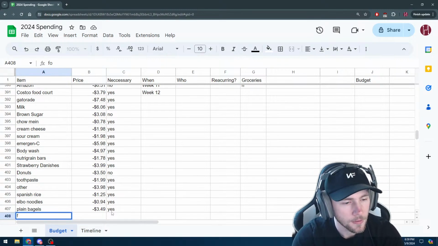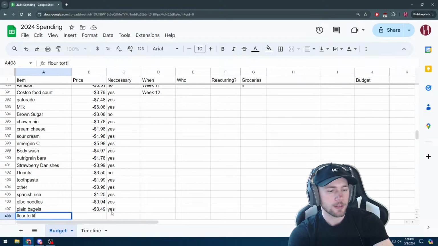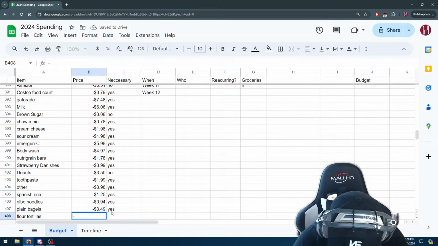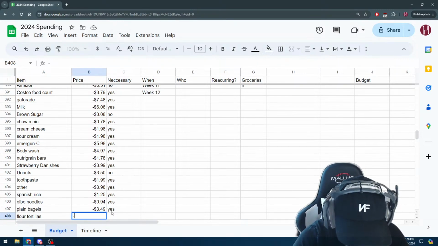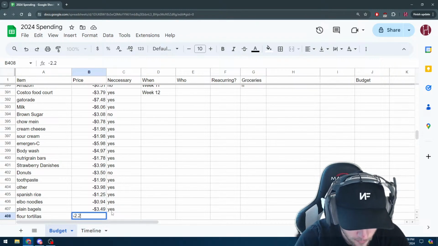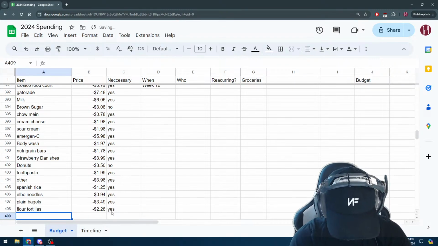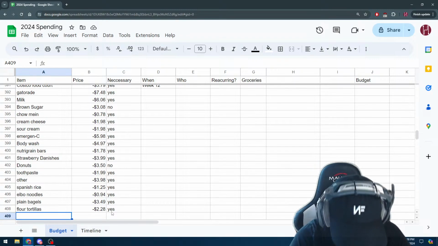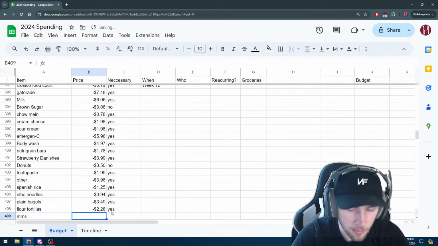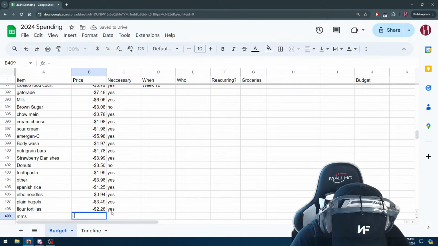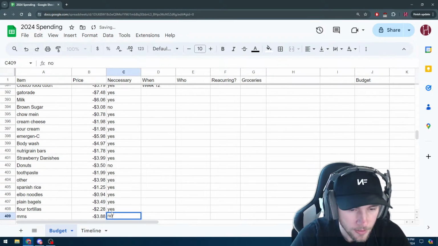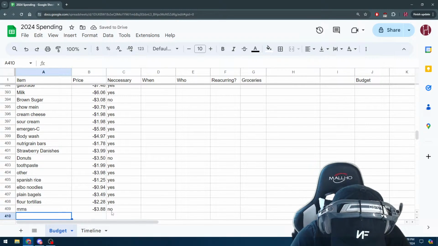Flour tortillas. Those are 228. And then looks like we got some Easter M&Ms. 388. Definitely gonna say no on those.